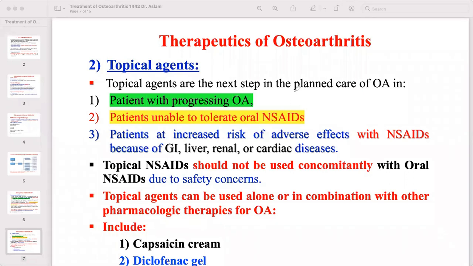Topical agents are the next step in the planned care of osteoarthritis.